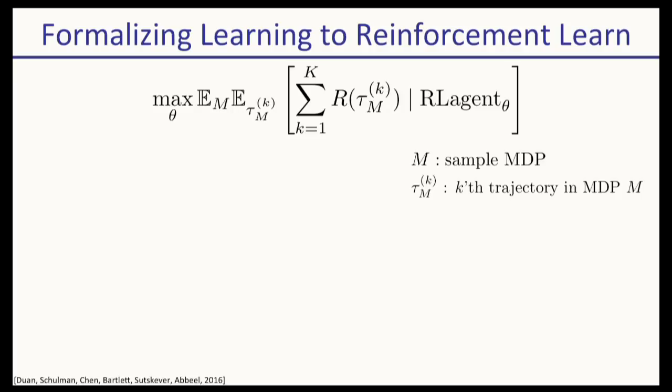So what we want is somehow, when we get a sample from that distribution, to be able to solve it very quickly. So we have an expectation over MDPs, an expectation over trajectories in that MDP, and then expected reward accumulated along that trajectory when we use an RL agent parameterized by theta. And this RL agent could be anything as phrased here.